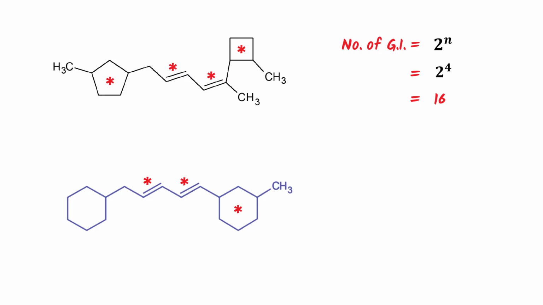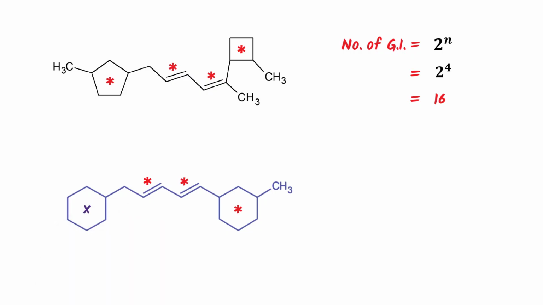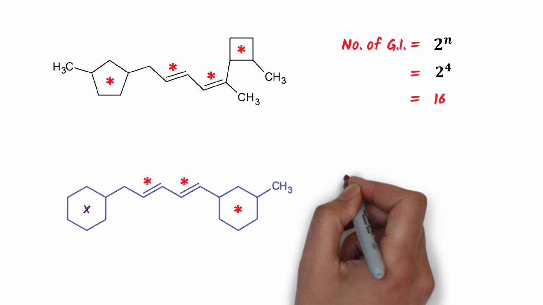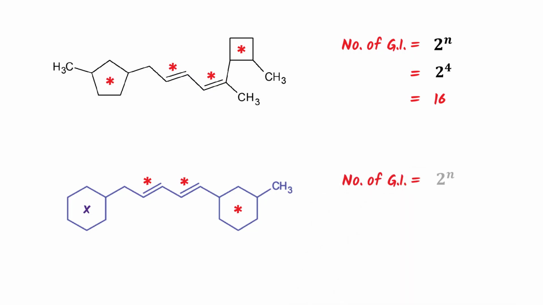The other ring does contain 1 restricted carbon with 2 different groups, but not the other, so this does not become a stereocenter. So in total we have 3 stereocenters possible in that molecule, and as the molecule is unsymmetrical, the number of geometrical isomers will be equal to 2 raised to the power n, and that boils down to 2 raised to the power 3, which gives the number of geometrical isomers equal to 8.